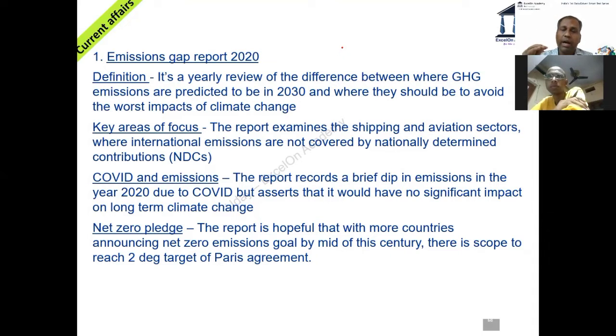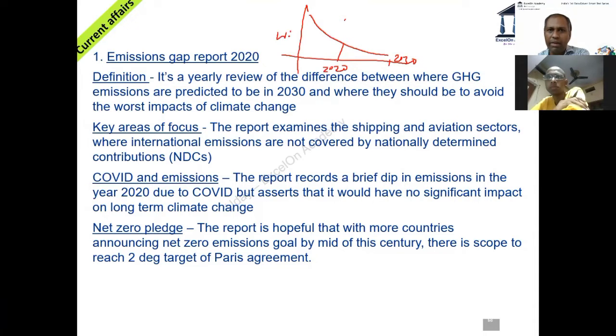Because if we have to achieve 1.5 to 2 degrees from the pre-industrial level, then what should be the projected emission as of 2020? If you were to make a graph like this, the emission needs to reach a particular level in 2030, which means in 2020 the emission should be at a certain level.